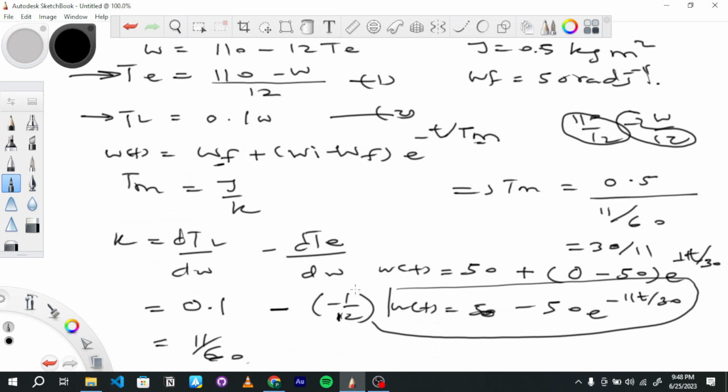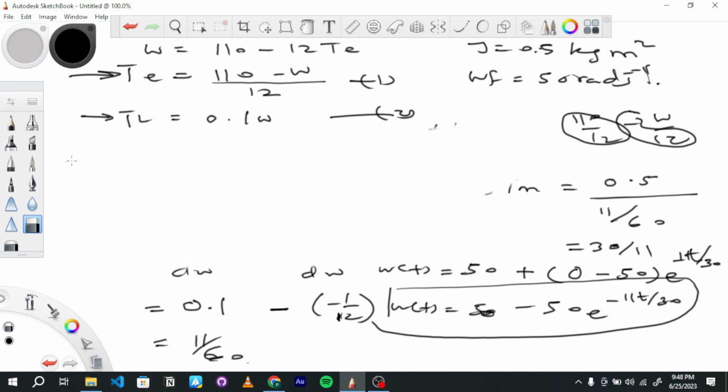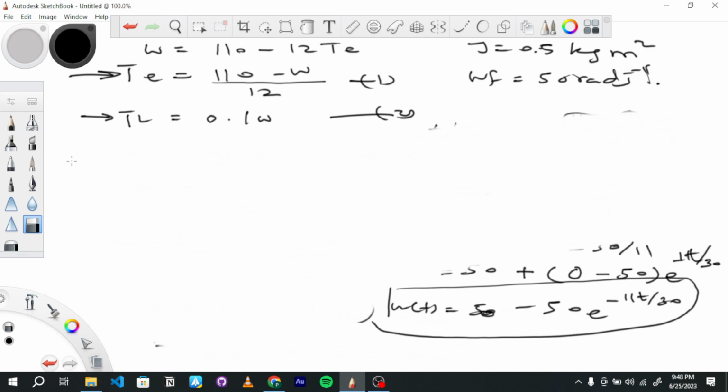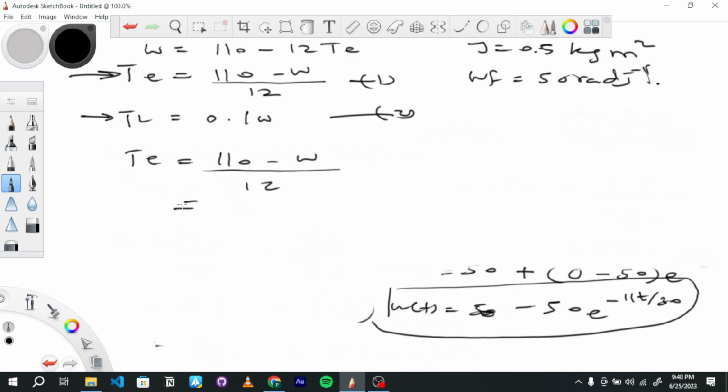The question says also find the torque transient. So now that we have the speed transient here, we can find the torque transient. Now, what's the electrical torque? Te is given by 110 minus omega over 12. So to find the electrical torque transient, I'll just put the speed transient into the torque.